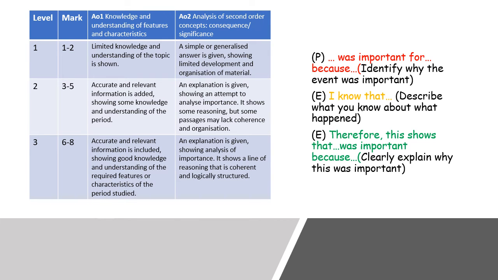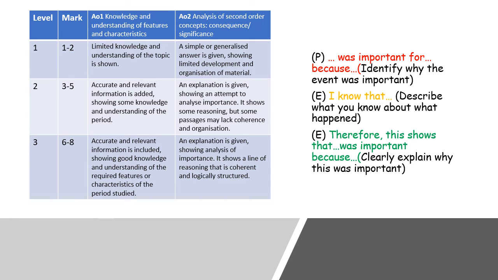So on this, you're marked for both your knowledge and understanding of key features and characteristics, and analysis of second-order concepts, so consequences or significance. The quality of your knowledge will be rewarded based on the depth of that knowledge, but that is connected really significantly to the quality of your explanation, in which you're attempting to show importance.